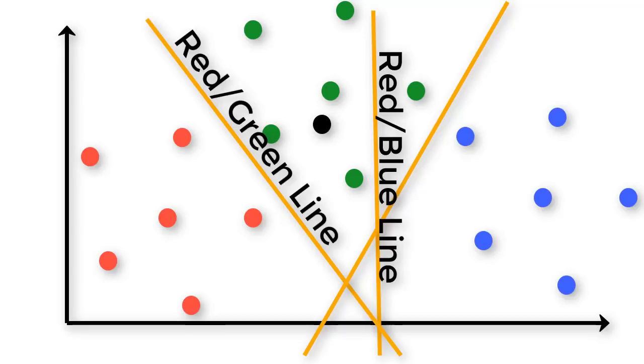Next, we'll check to see if the point falls on the red side or the green side of the line separating red and green. If it falls on the red side, we'll say that the point is red, and if it falls on the green side, we'll say that the point is green. In this way, we can use support vector machine to tell the difference between any number of different classes.